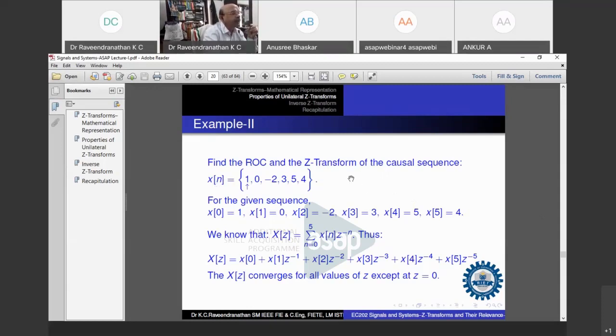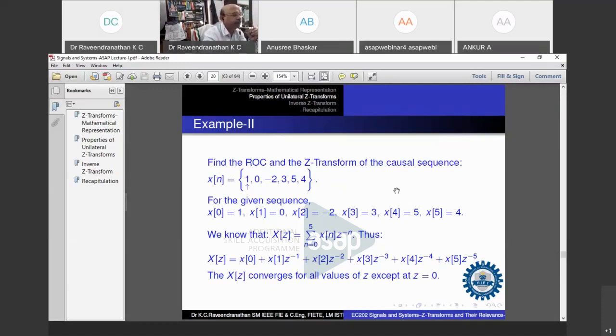Such questions can also be expected in the lengthy answers, questions having 10 marks or more: obtain the system response y of n, given that an input sequence x of n is applied to a particular system with an impulse response of h of n. Such questions can be expected in the university exam.